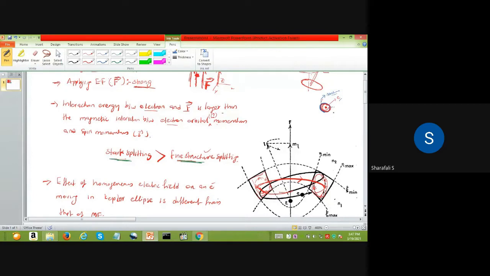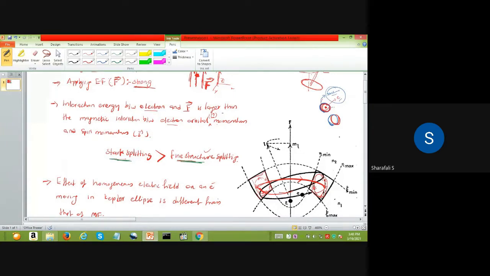A very small separation will be there between the electron and nucleus. That creates a dipole moment because the two opposite charges, minus and plus, are now separated.